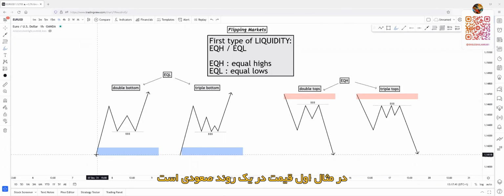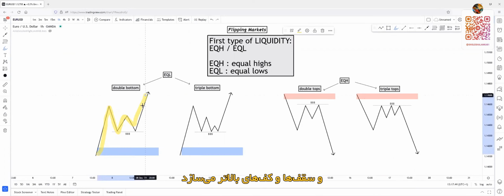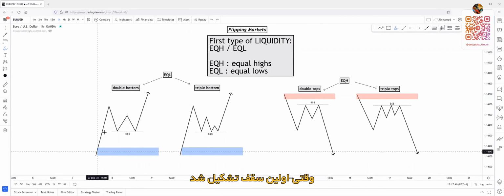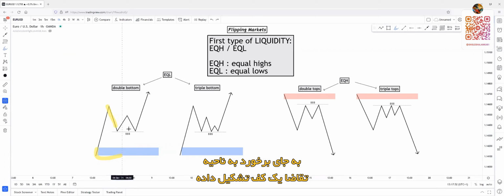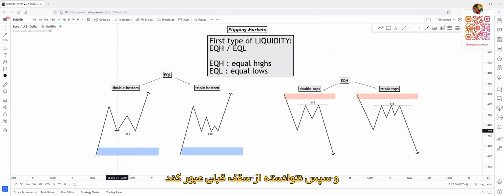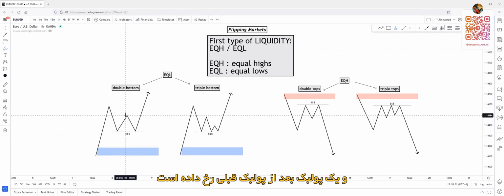In the first example, price is moving to the left, creating a series of higher highs and higher lows. After the first high has been created, price did a pullback, but didn't tap into a demand zone. Instead of tapping into a demand zone, it created a low. After the low has been created, it couldn't break above the last high, and it created another pullback.